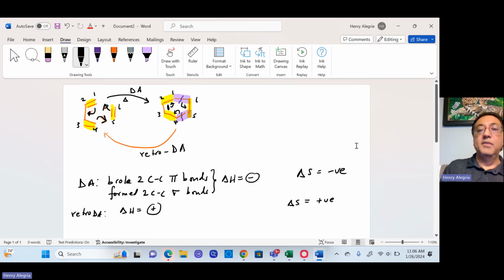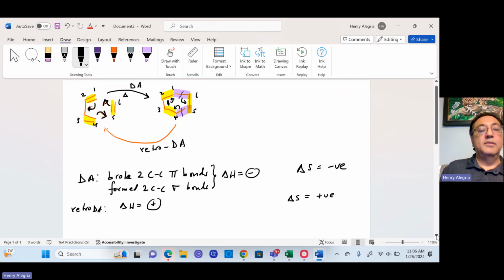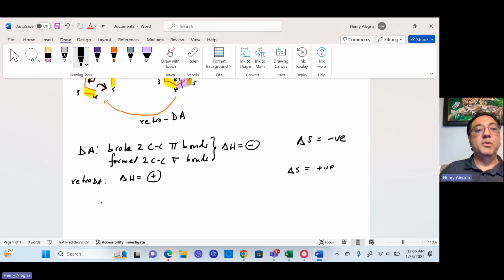So that's important. Let's go back and do this very quick analysis that we did in Orgo 1. We know that the Gibbs free energy will be equal to the change in enthalpy minus temperature times the change in entropy. So let's look at the Diels-Alder situation. In the Diels-Alder, will the delta G be positive or negative?